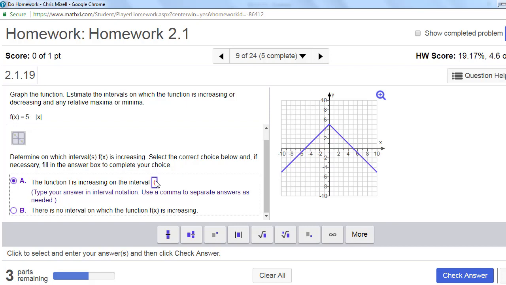So negative infinity to, and it doesn't stop until it gets to a point. It doesn't stop increasing until it gets to a point with what x coordinate? It keeps on and on until that point at the top. What's the x coordinate at that point at the top? So 0. And again, always parenthesis when we're indicating increasing or decreasing intervals, just because it's simpler that way. Check the answer.